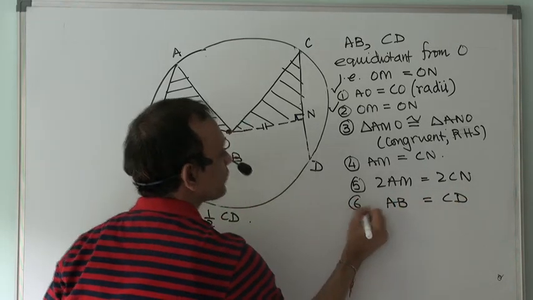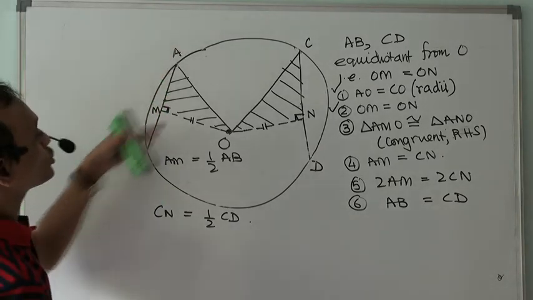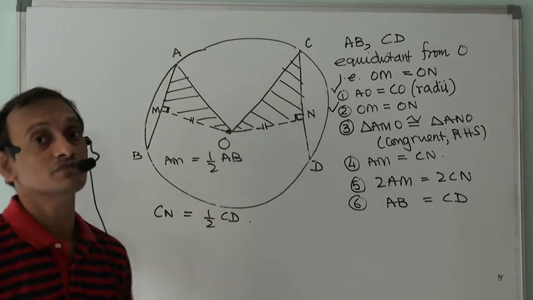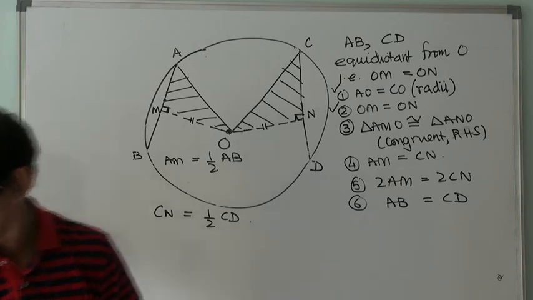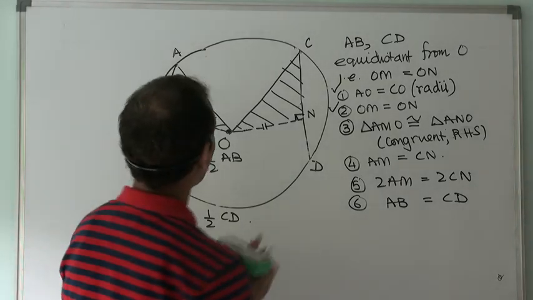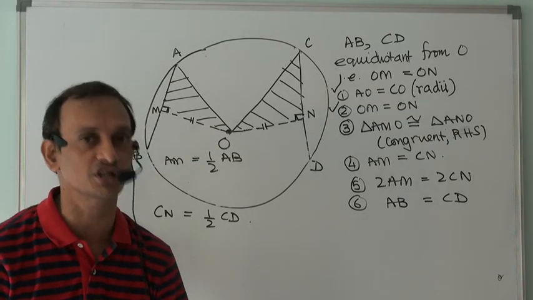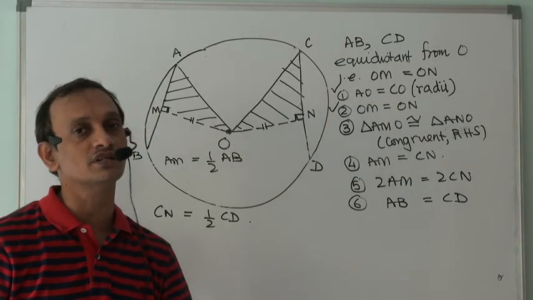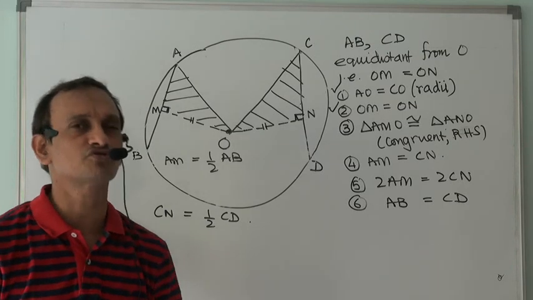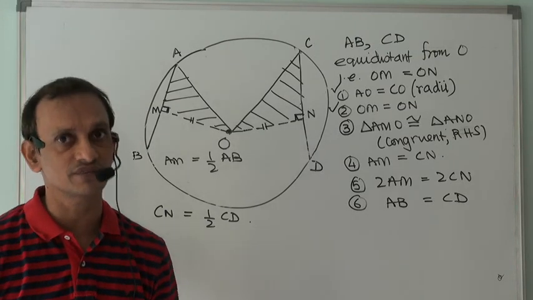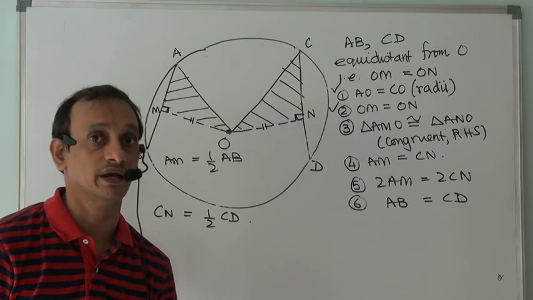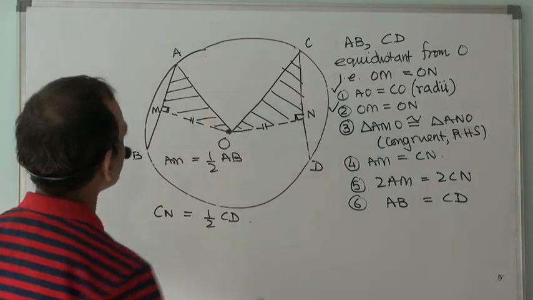Which means the two chords equidistant from the center must be equal. So this offers a very important result: if two chords of a circle are equal, they must be equidistant from the center. And the converse, if the two chords are equidistant from the center, then they must be equal in length. A very commonly used result, right?